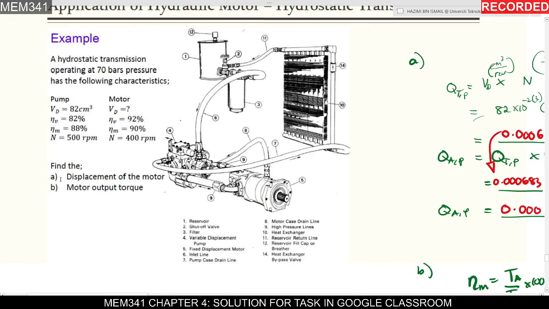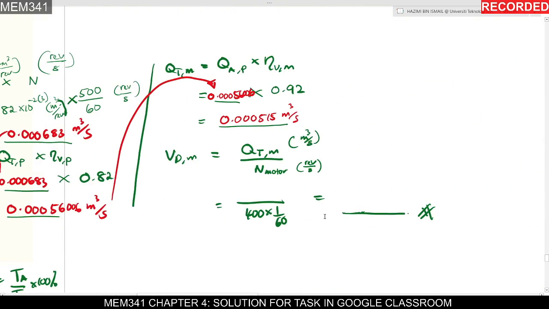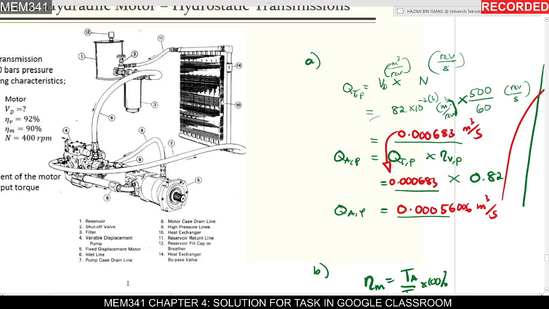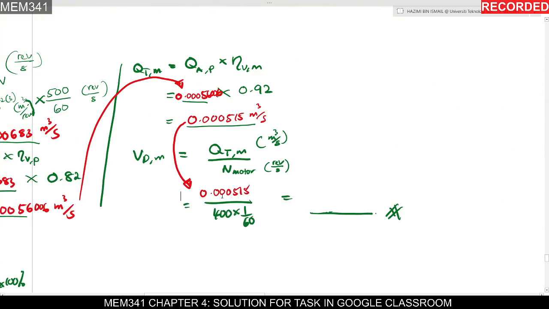That's the question in A. So 0.000515, the value here comes from the solution that I have already calculated, and then you divide by the speed of the motor, which is also given in the question here, 400 rpm, but you must convert it into revolutions per second.